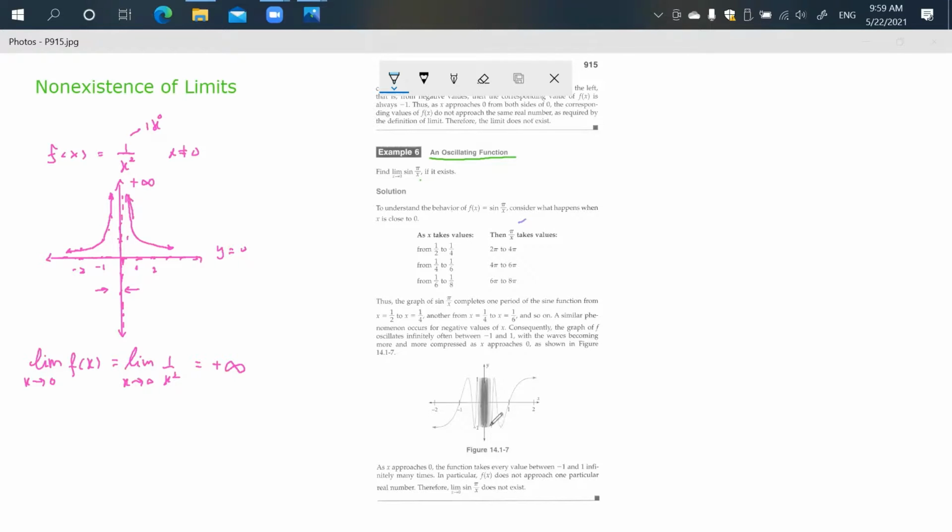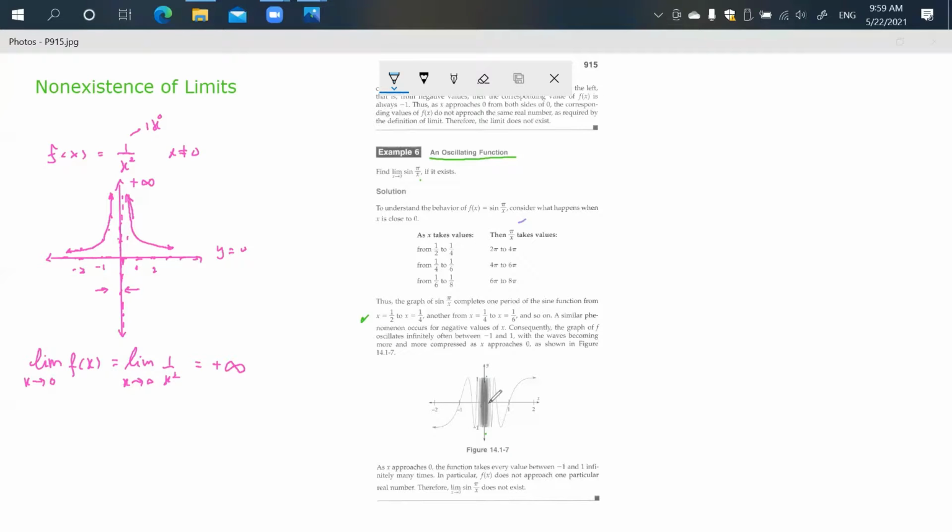If you replace x here, the graph will move between 1 and -1, which are the maximum and minimum points of the sine function, correct? From the left hand side, it will oscillate like this too. The graph keeps going up and down, very close or closer.